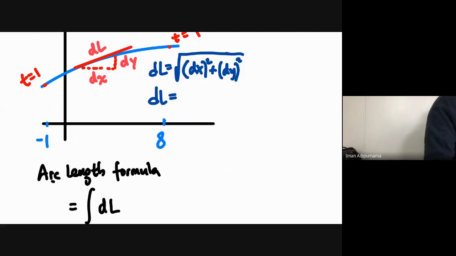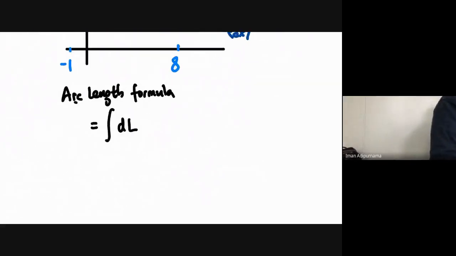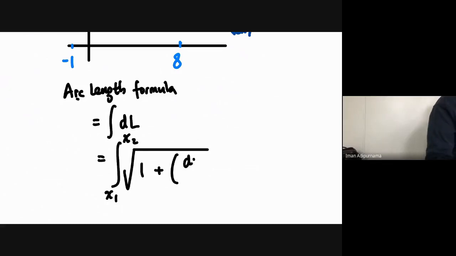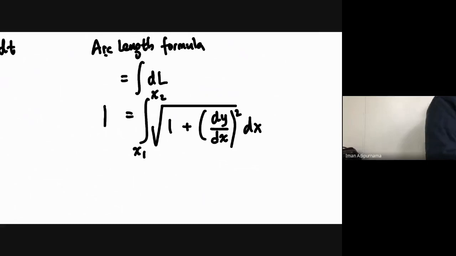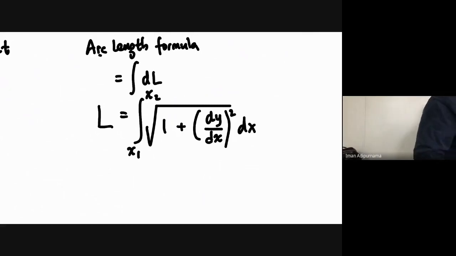We write this from x1 to x2, integral of the square root of 1 plus dy over dx squared dx. Sometimes we use L or sometimes S. This doesn't really matter. Okay, so this is the arc length formula, the general formula.